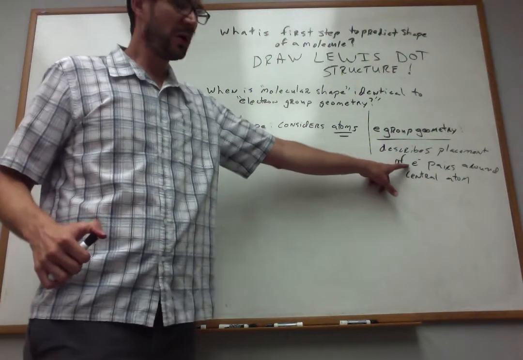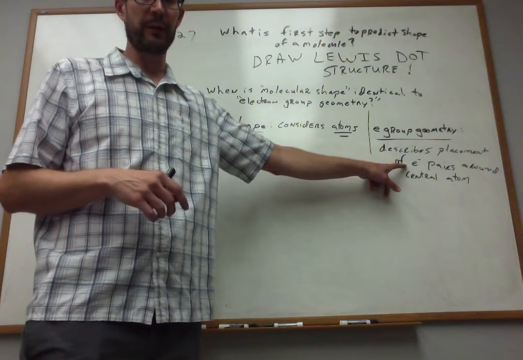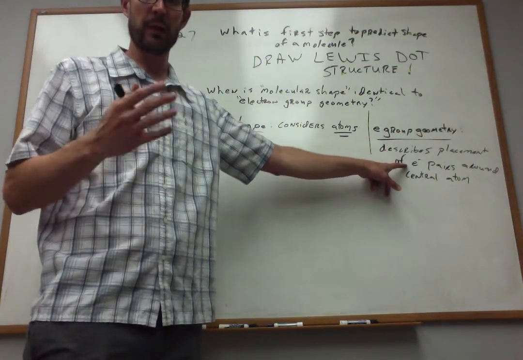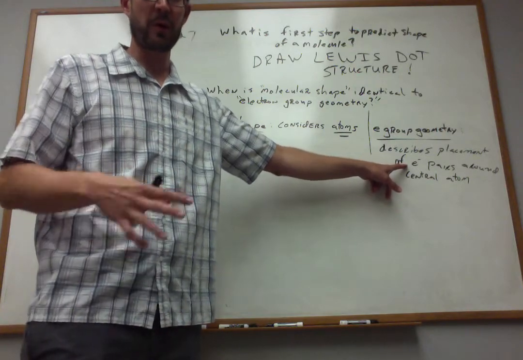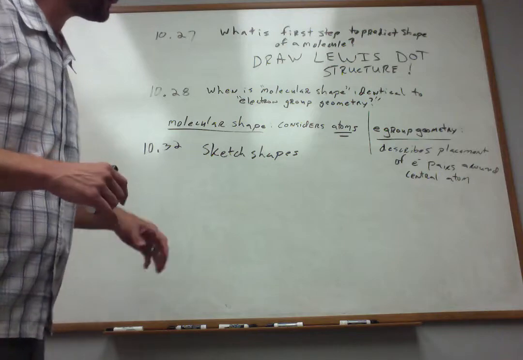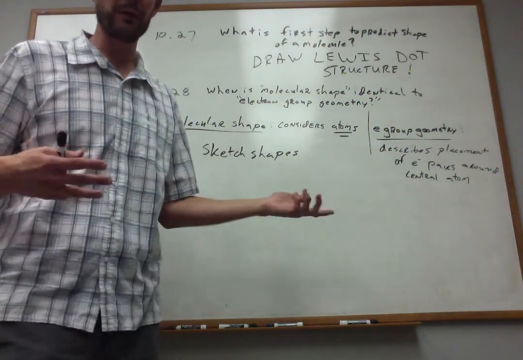It considers all of the electron pairs, whether they're bonding pairs, shared electrons, or lone pairs. Doesn't matter if they're lone pairs or bonding pairs, it considers them all. Okay? So these two things can be the same, but they're also sometimes different.